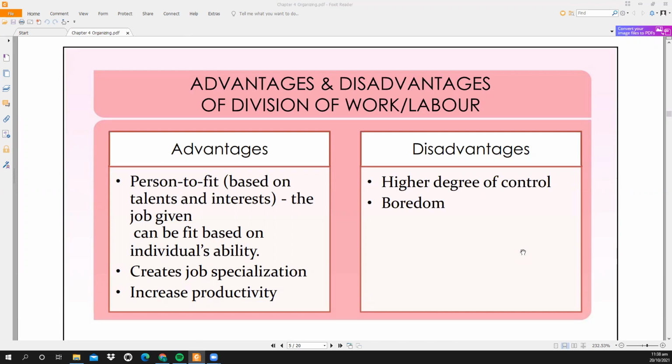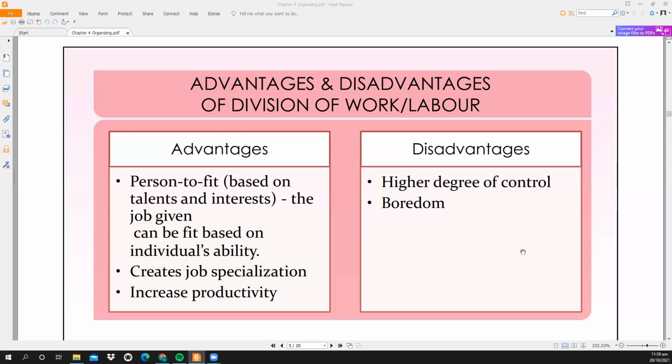Create jobs, specialization. Okay, so nagkakaroon sila ng specialization, kumbaga forte nila, kung saan sila magaling, kung ano ba yung expertise nila. Increase productivity. So syempre dun sila magaling and then nag-focus sila dun and then limited lang naman yung activities nila based dun sa job description nila.